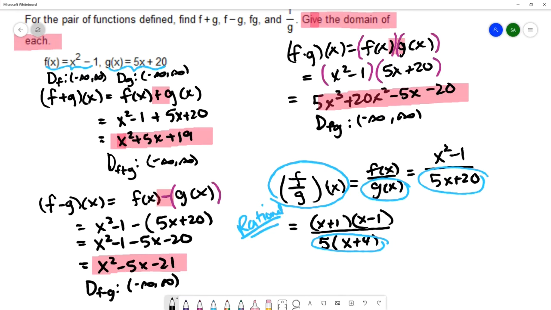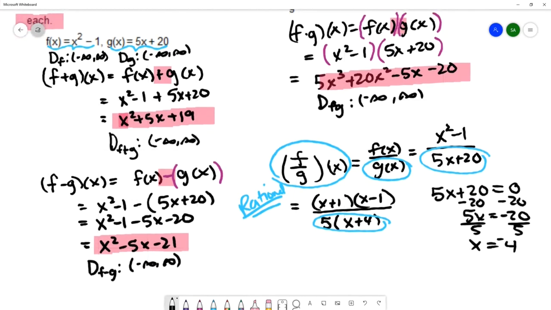We need to take the expression in the denominator, which is our g of x in this example, and set it equal to 0. And we solve, we get 5x equals negative 20, divide by 5, and we get x equals negative 4. That negative 4 is a restricted value because it's going to cause the denominator to equal 0.